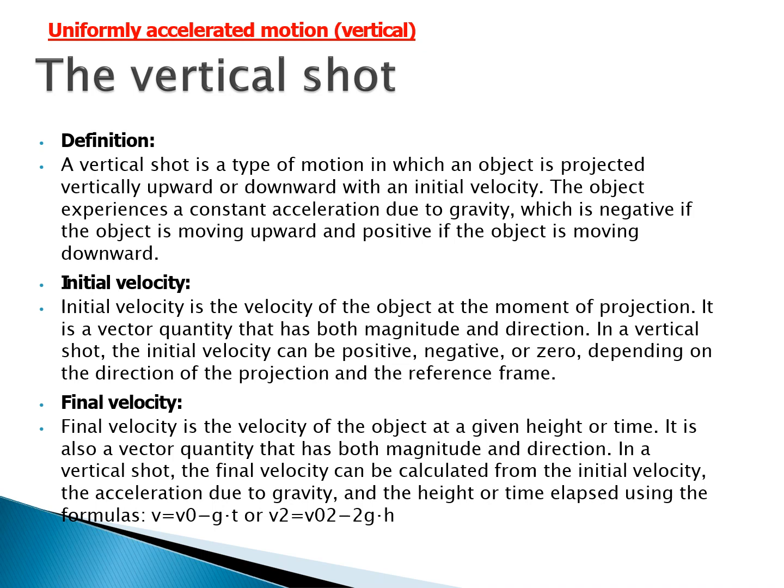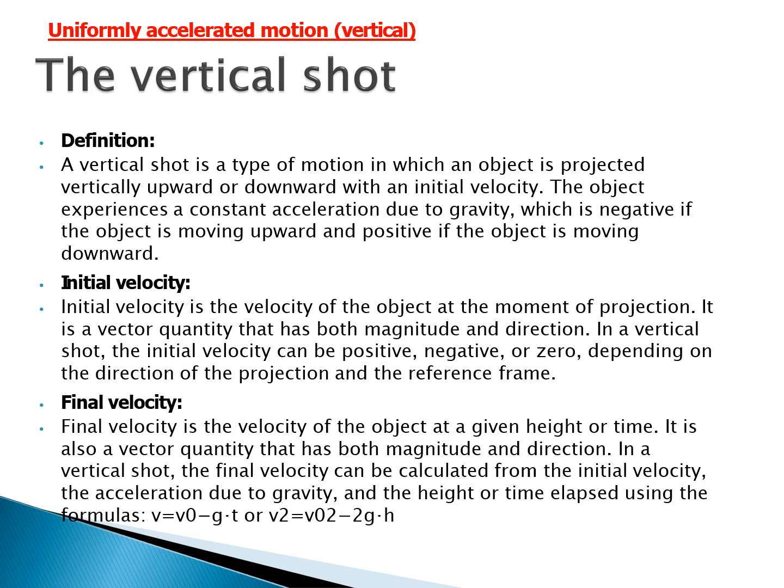Gravity causes an object projected upward to slow down until it reaches its maximum height, where its velocity becomes zero. Then, gravity causes the object to fall down with increasing speed until it reaches its initial height, where its velocity becomes equal to its initial velocity, but with opposite direction.